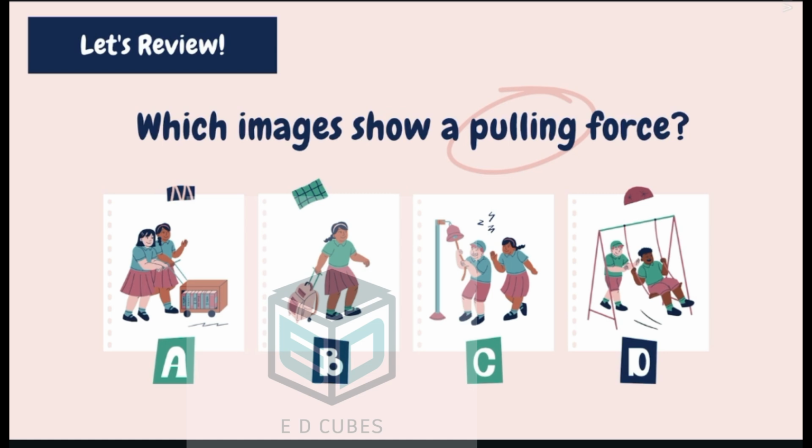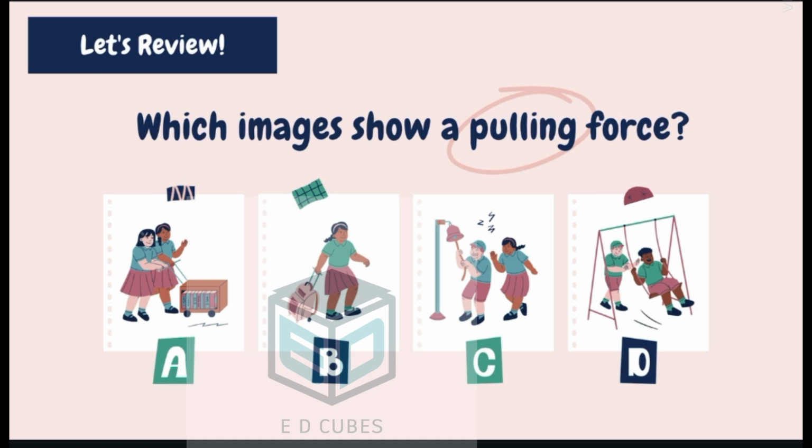Now, the third part is a boy and a girl. They are standing near the bell, and the boy is holding the string of the bell. Here the boy wants to hang over the bell. So he is trying to move himself close to the bell, or to move the bell close to himself. That's why the type of force he is exerting is pull force.